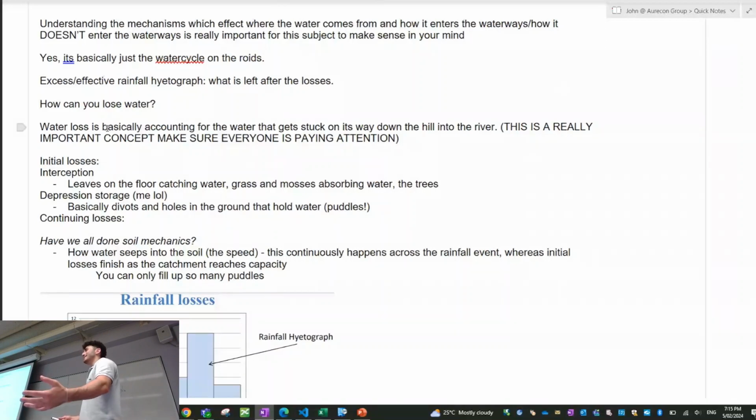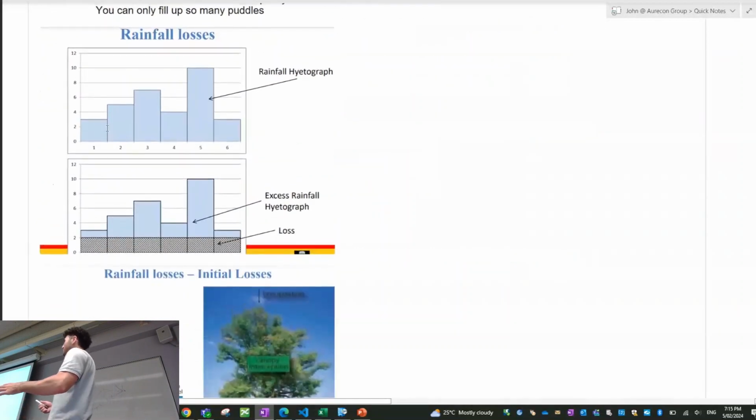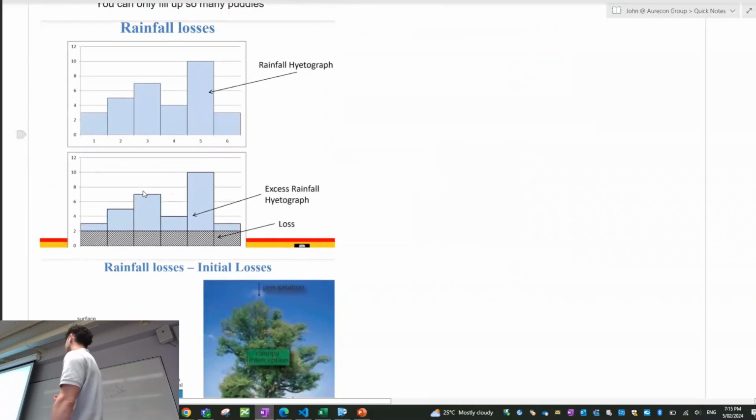Okay, rainfall losses. So the calculation part of this topic is really important in week 3, and it's basically what it all comes down to. So these are just some diagrams I've chucked in just to visualize it further. So for example, if we look at the hyetograph, the millimeters of rainfall at every period throughout the storm, think of it like that.